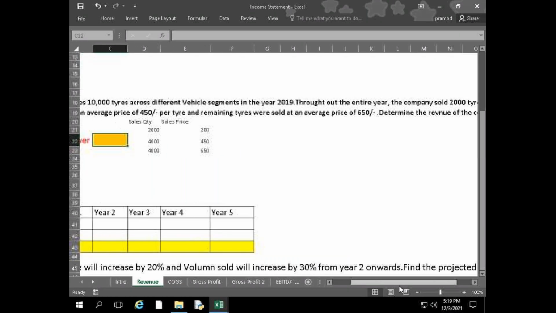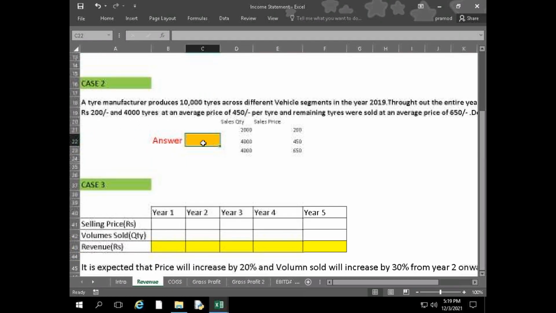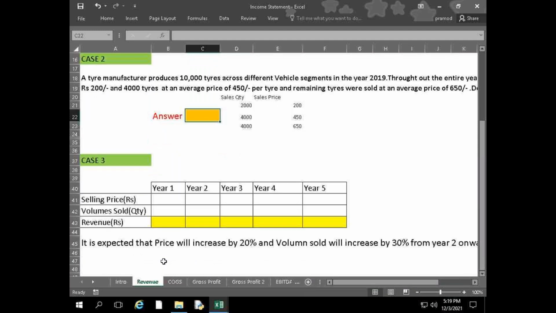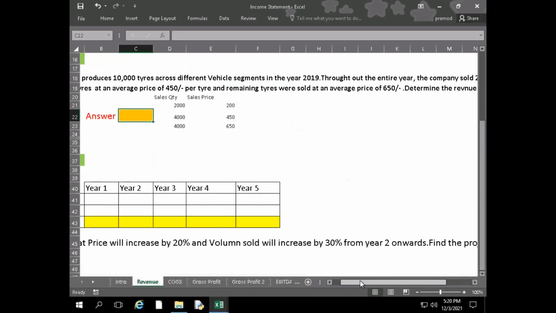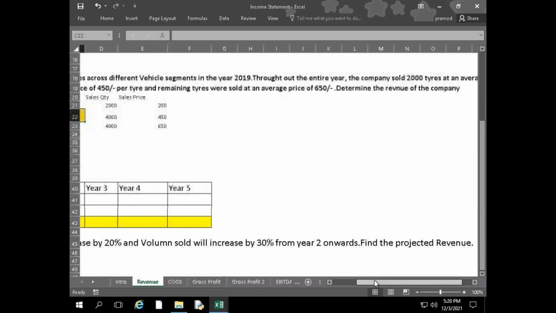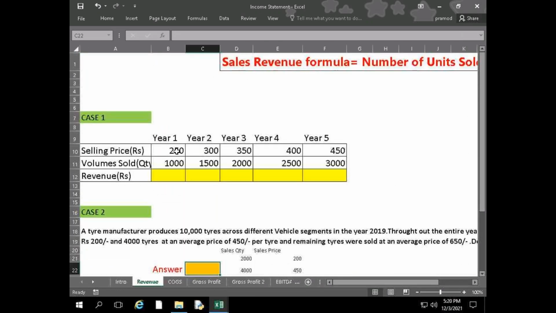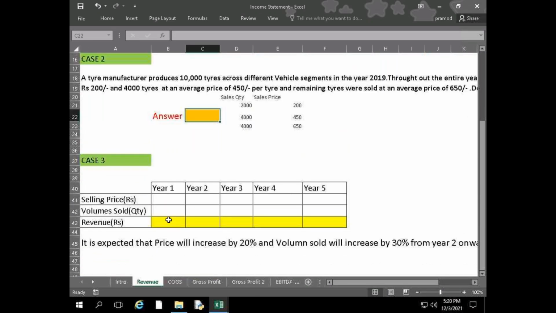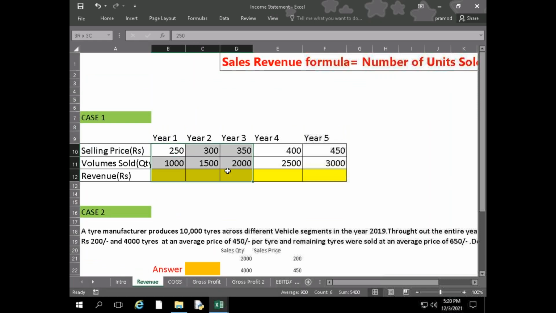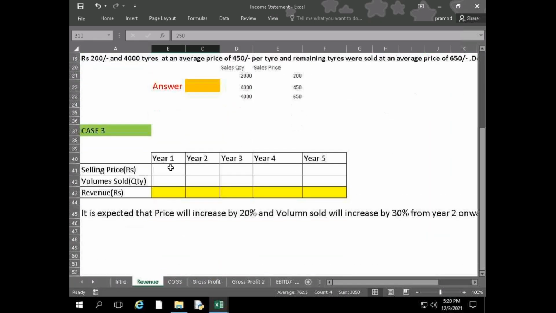Here only the revenue, not the gross profit. Then here you find out the value after 2 years, the same thing. Here the first two values you just copy. This is the case one data, you copy it.